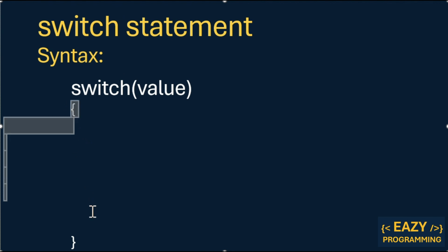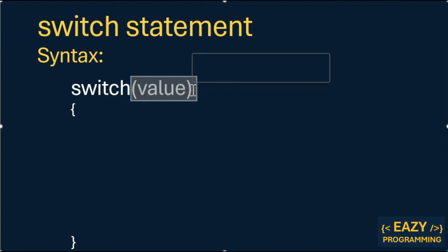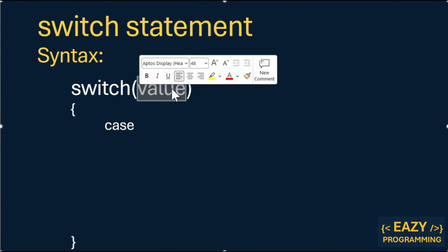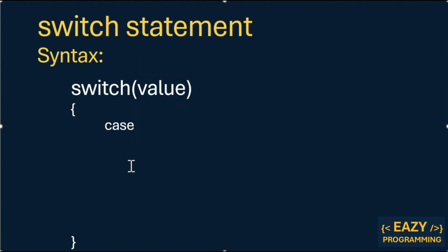Now we have written the switch value inside the parentheses, the round braces, and we have started a block just like we had an if-else block. Inside this we will write case, and we will check the value against different cases. Whichever is matching, that code will be executed.